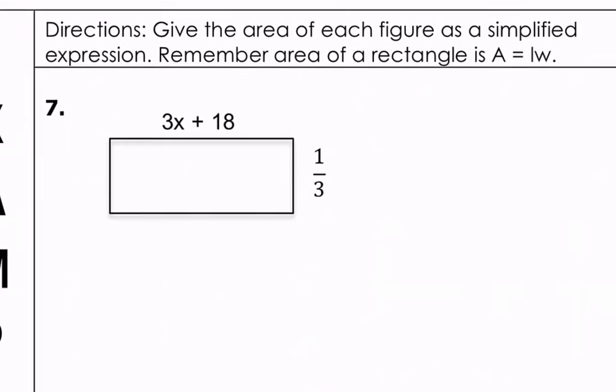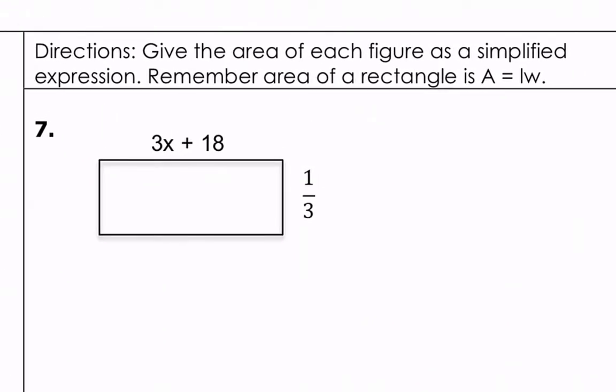Okay, so on this next problem, I love that it gives me the formula of area, A equals length times width. Okay, so I know that to find my area, I need to take the length and multiply it by the width. So it's asking me to find the area. So I need to take these two numbers and multiply them together because area equals length times width.